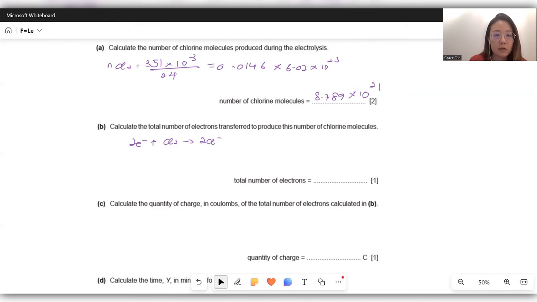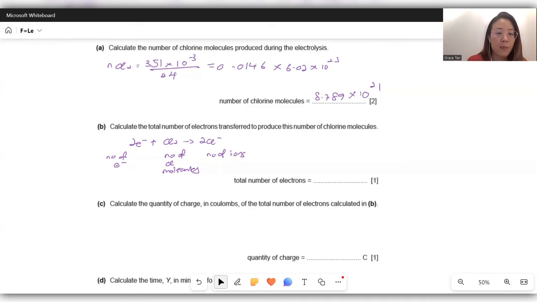Now, based on this equation, this is the number of chlorine molecules, which is the number after multiplying with the Avogadro constant. That means on the left is the number of electrons, and on the right is the number of ions. That means they are related in stoichiometry in terms of particles. Instead of moles, they use particles to relate.